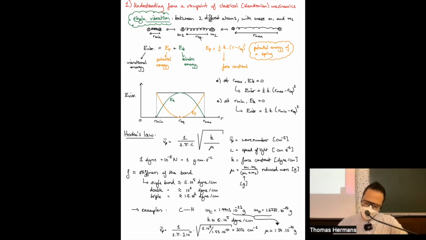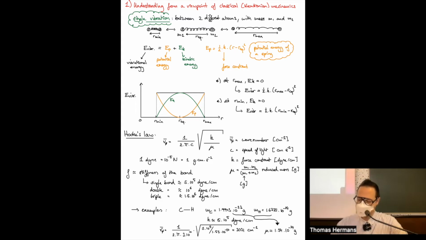Okay, so then we use Hooke's law. So nu bar naught is 1 over 2 times pi times 3 times 10 to the 10, the speed of light in centimeter per second, then the square root of k, 5 times 10 to the 5, over the reduced mass. Sorry, I didn't calculate that explicitly here.